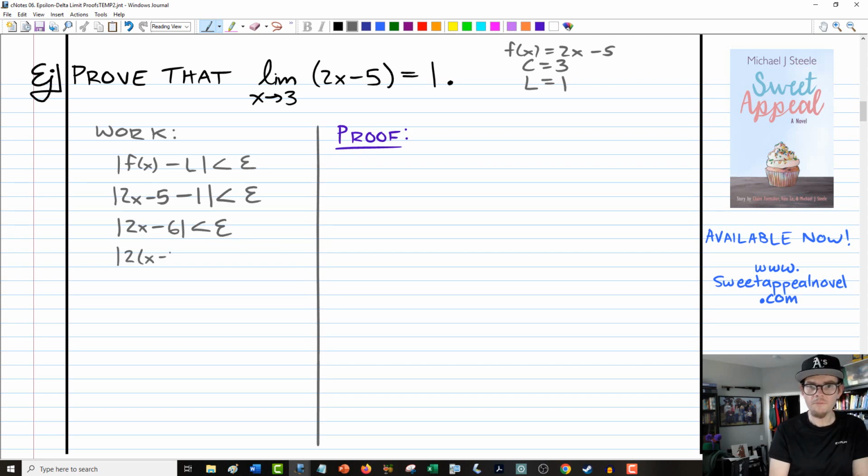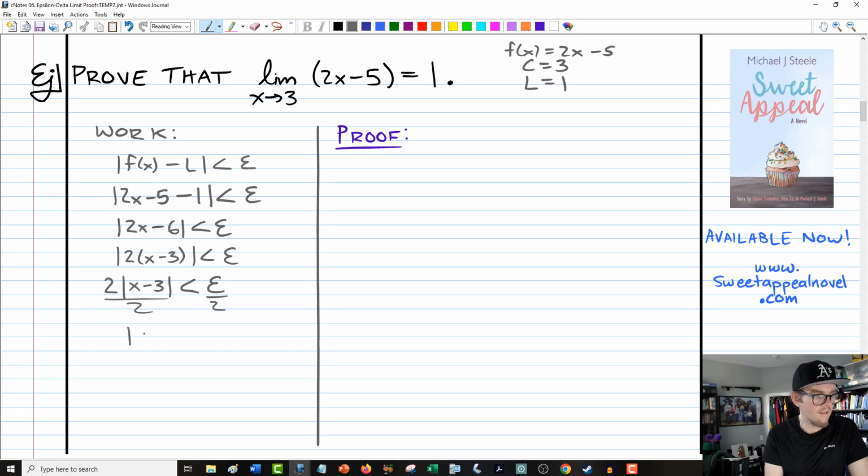Now, this is a little weird the first couple times you do this, and absolute value sometimes has some weird conceptual things in people's minds, but the absolute value of 2 is just 2, so I can literally factor out a factor of 2, and leave us 2 times the absolute value of x minus 3 is less than epsilon. Finally, I'm going to get x minus 3 alone. It might seem arbitrary for a second, but bear with me. I'm going to divide both sides by 2, and I'm going to get that the absolute value of x minus 3 is less than epsilon divided by 2.